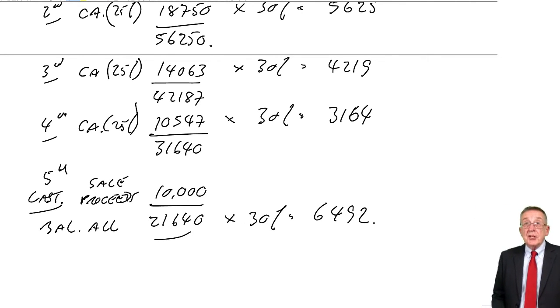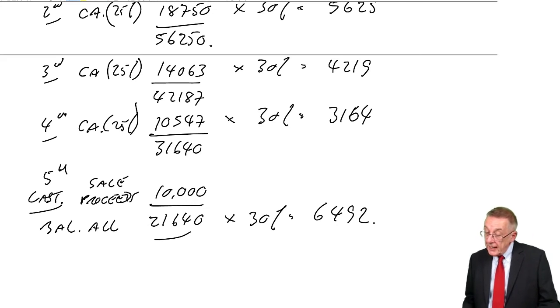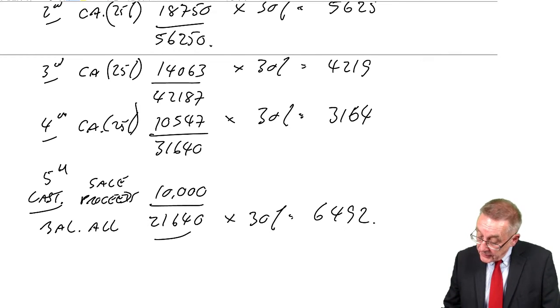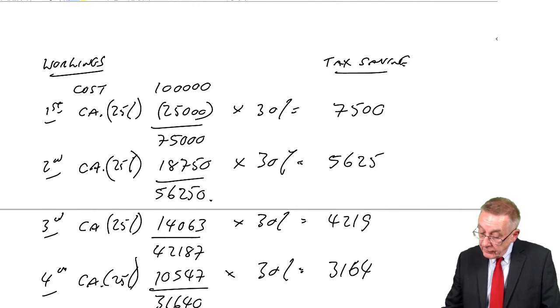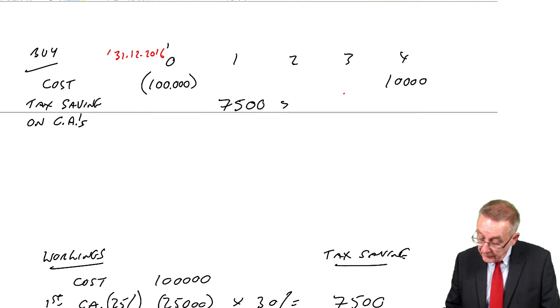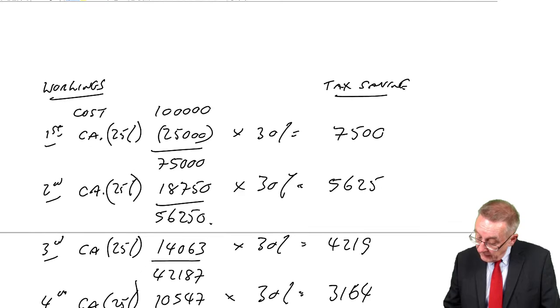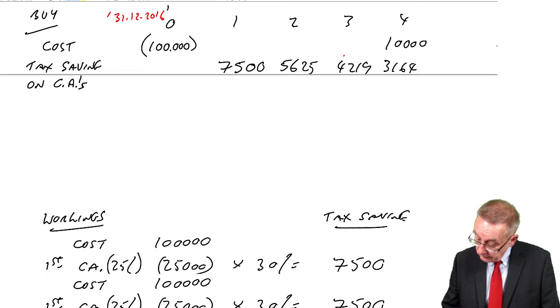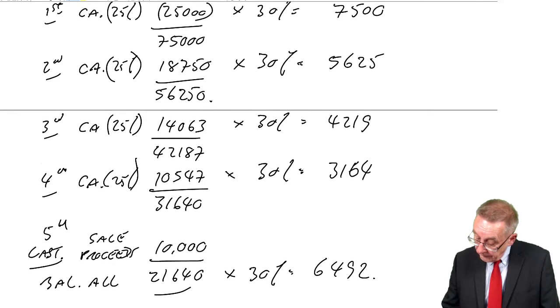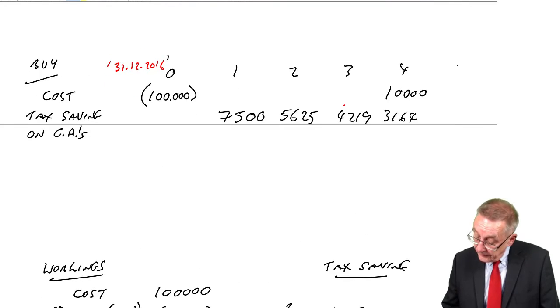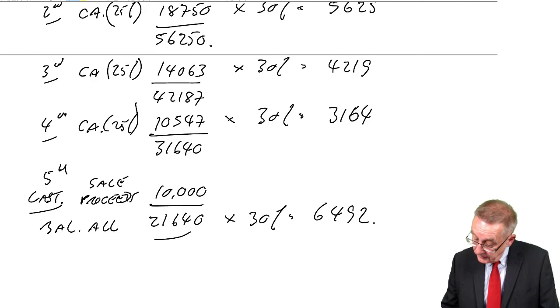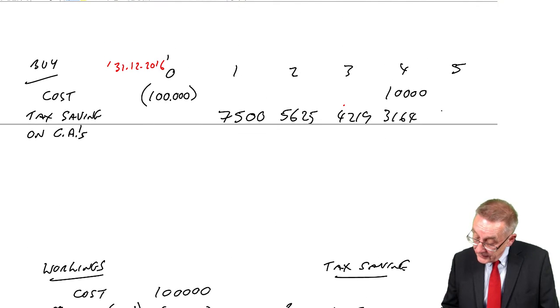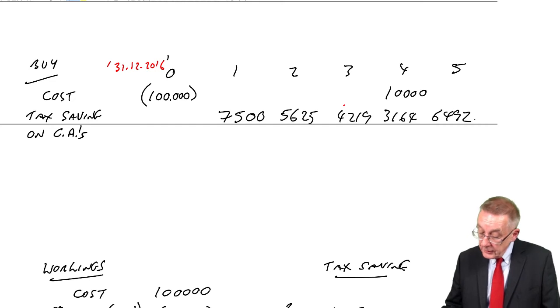Let's stick those in the schedule, and then we're almost there. The tax savings, 7,500, 5,625 times 2, 4,219, 3,164. And at time 5, what was it, 6,492? 6,492.